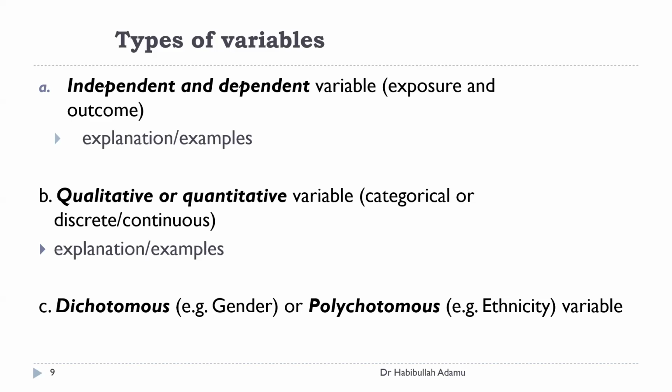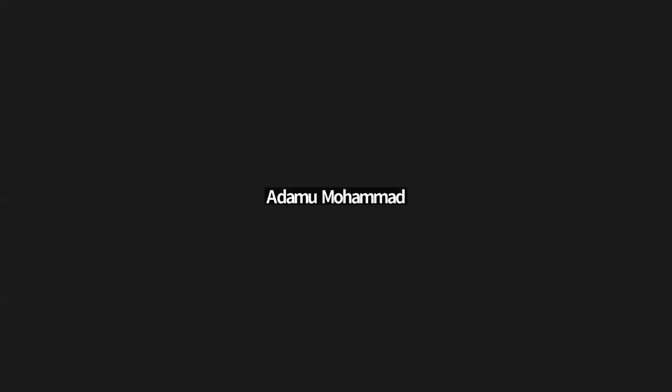So the way someone appears as far as skin color is concerned is determined by other factors: genetic factors, weather condition, nutrition, the type of cosmetic one is using, whether someone is using or not. All this can determine the skin color of someone.